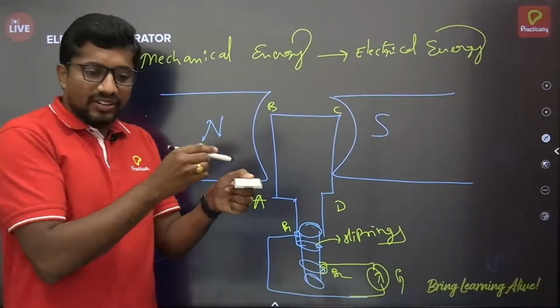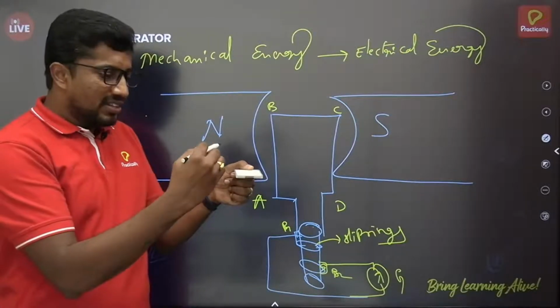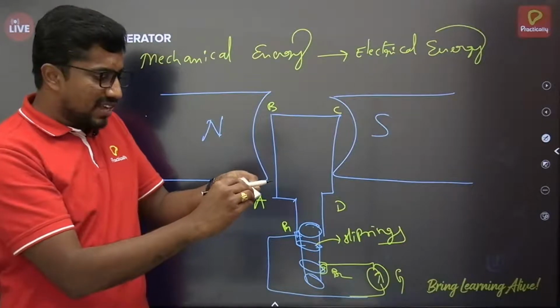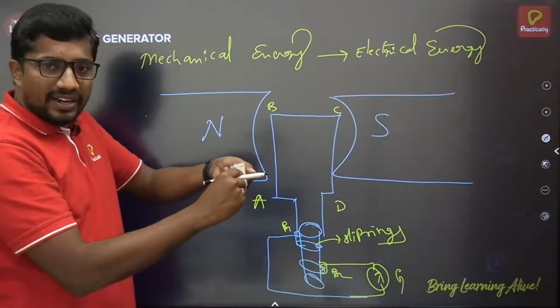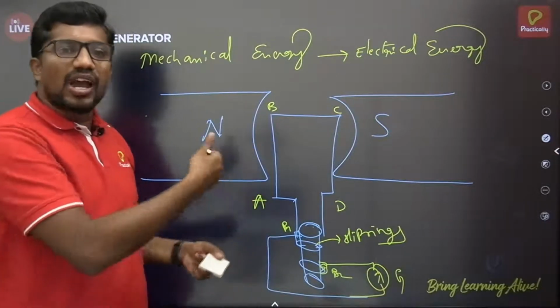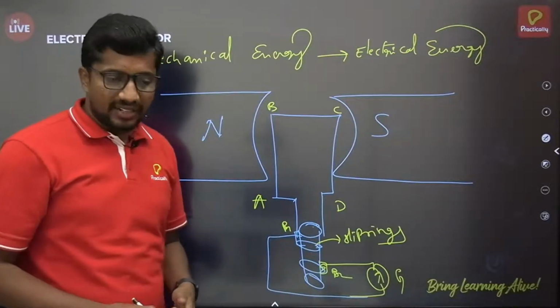Now this has to rotate clockwise, so the AB side has to come upward, and when AB comes up, CD goes down. Now you have to apply Fleming's right hand rule to find the direction of the current induced in it.